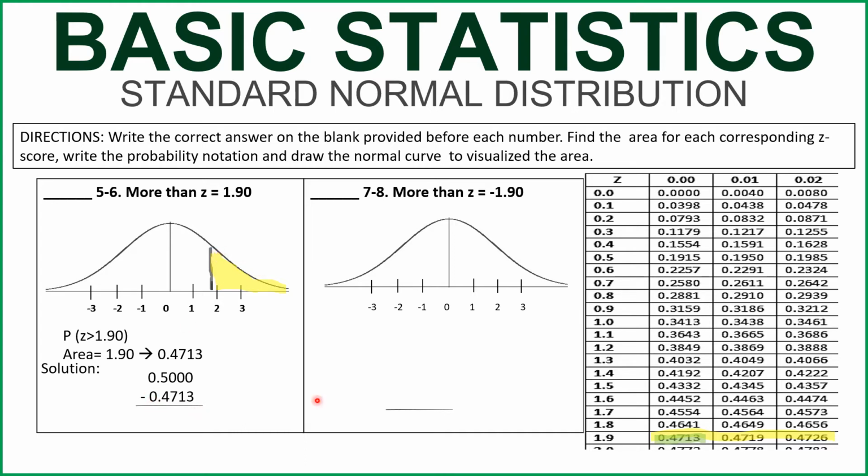So, subtract. Our answer is 0.0278 or 2.78%. So, that is our probability notation.